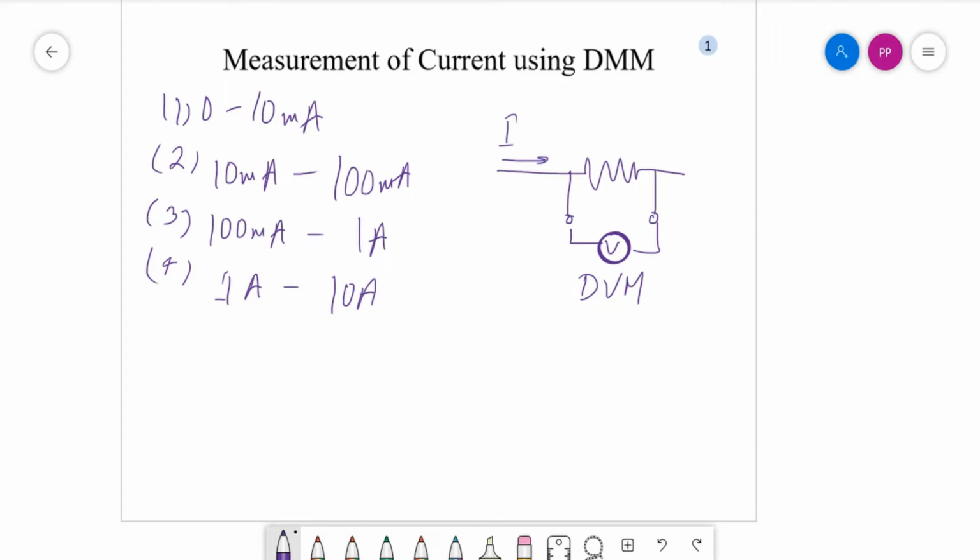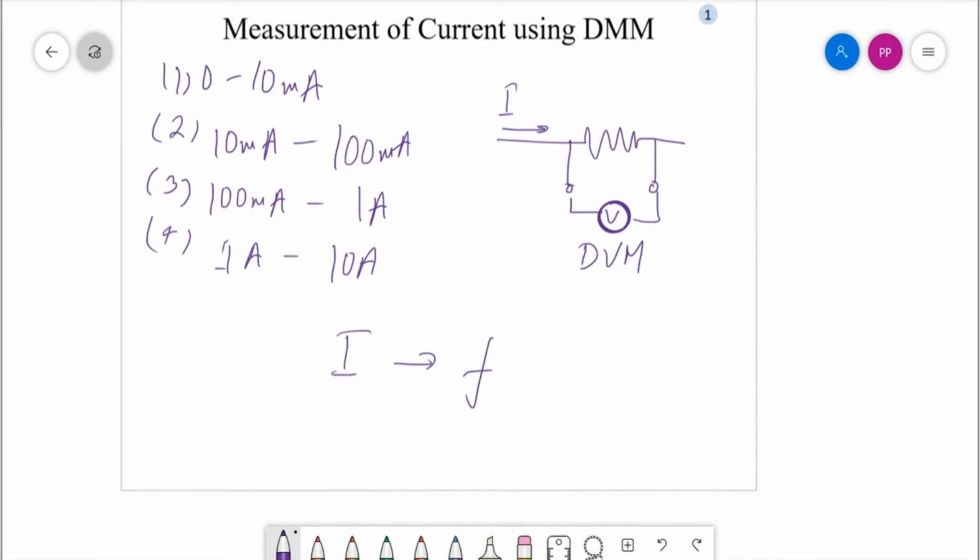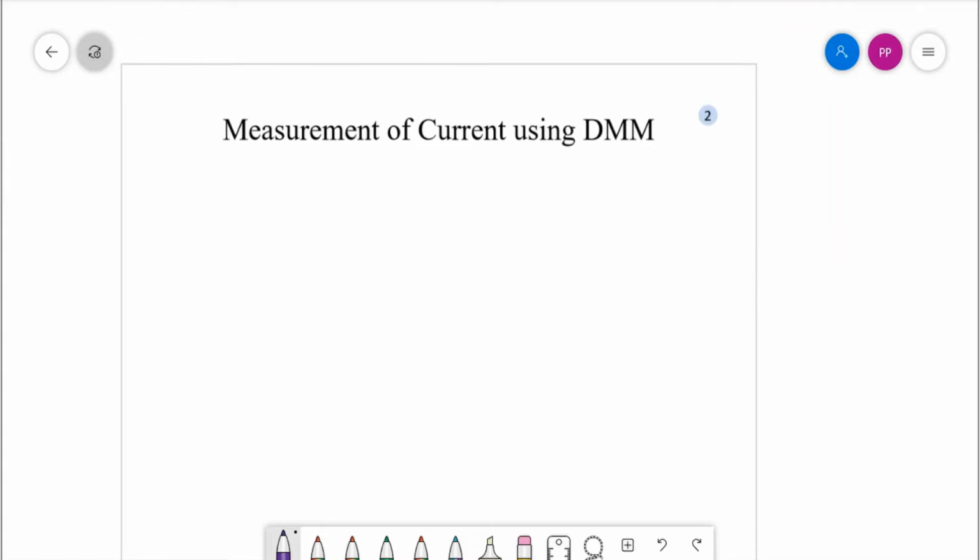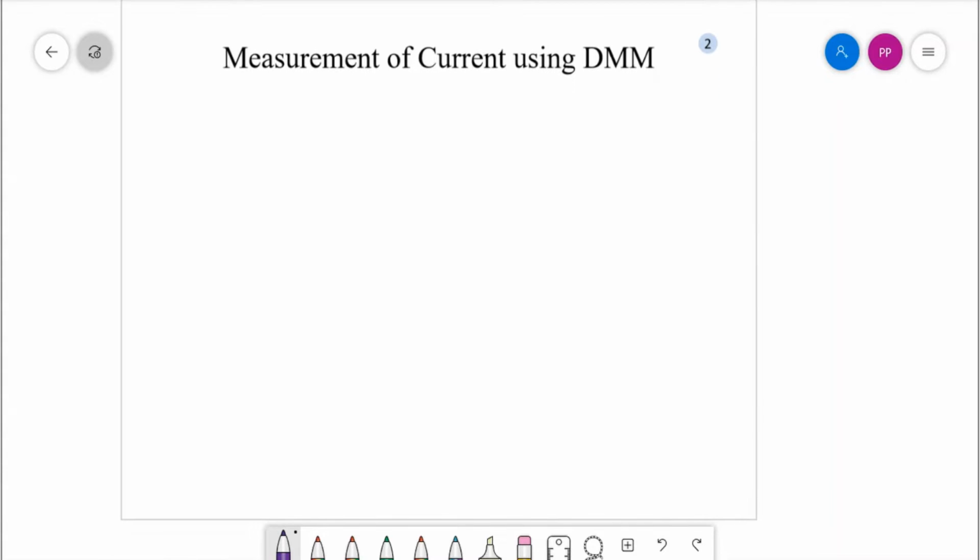And the second technique is the conversion of current into frequency. So let us see how it works. For this, the elementary circuit that we can use is an op-amp in integrator and comparator mode, as we have discussed in a previous example also.